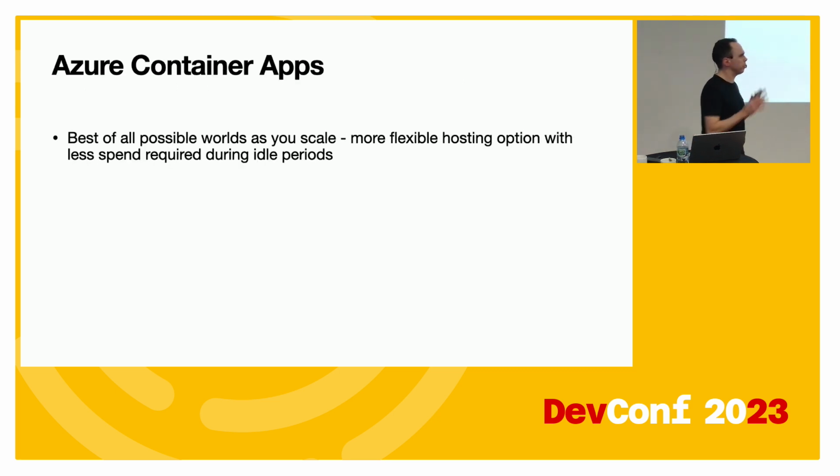I like Azure Container Apps for this purpose because you can eliminate cold starts by having them provisioned and idle for very cheap, not the 157, and because they're provisioned, they can start handling requests very quickly and you don't have those cold starts.